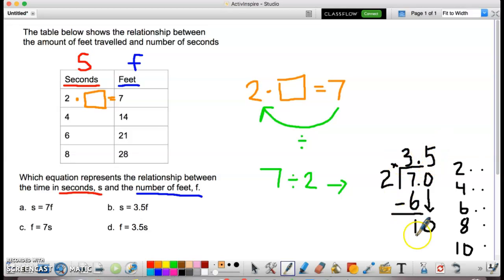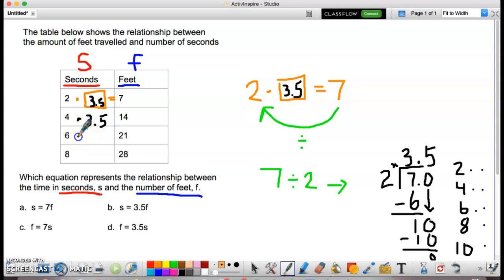And 5 times 2 is 10. And when I subtract, I get 0, which tells me I have completed my division, and my constant of proportionality is 3.5. So now I know 2 times 3.5 is 7. And I know that's true for all of these because this is a proportional relationship.